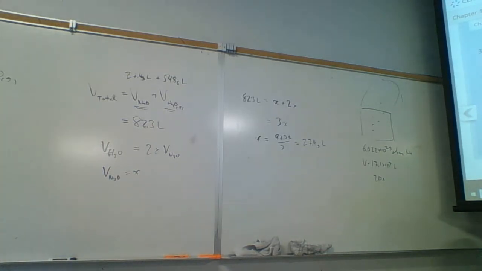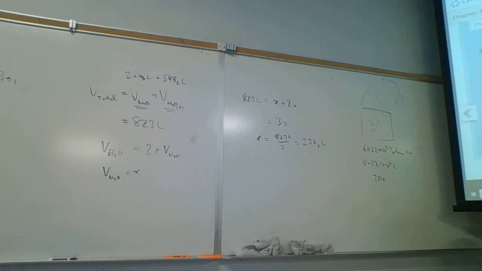Now once we have that, we can just take the 27.43 liters of nitrous oxide and go to moles of nitrous oxide, to moles of ammonium nitrate, and then moles of ammonium nitrate to grams of ammonium nitrate.